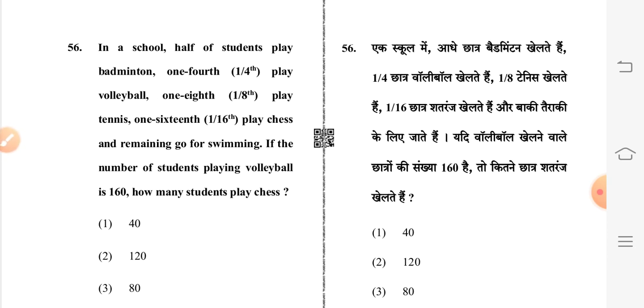In a school, half of the students play badminton, 1/4 play volleyball, 1/8 play tennis, 1/16 play chess, and remaining go for swimming. If the number of students playing volleyball is 160, how many students play chess? First option is correct. 40 members.